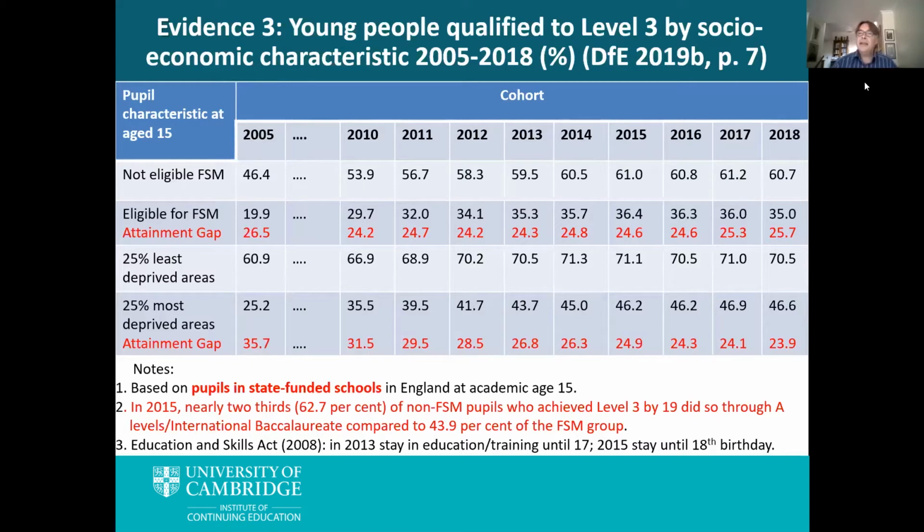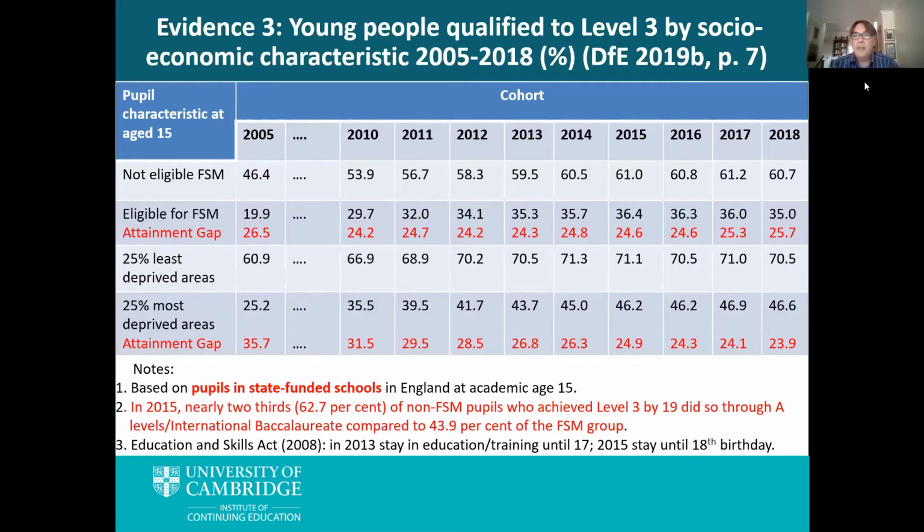So the gap has declined, but very marginally. And as I said when I was referring to the Guardian article earlier, if we look at the years 2016, 2017, there's actually been a marginal increase in the gap between those eligible and not eligible for free school meals in terms of their level 3 or A-level equivalent attainment.